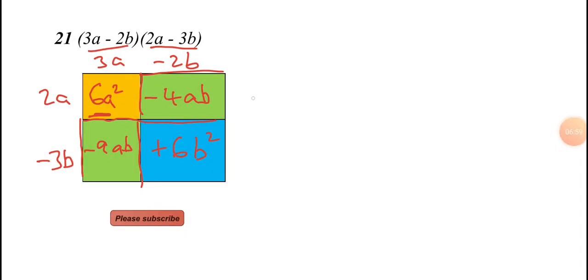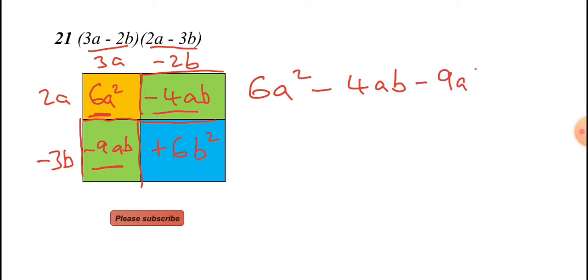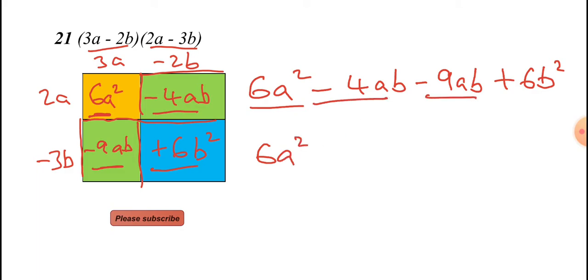So from the yellow bit, I've got 6a squared. Then from here, I've got minus 4ab. And then from here, I've got minus 9ab. And then from here, I've got plus 6b squared. So 6a squared, there's nothing to collect, so just copy that down. Now I've got minus 4ab and then minus 9ab.